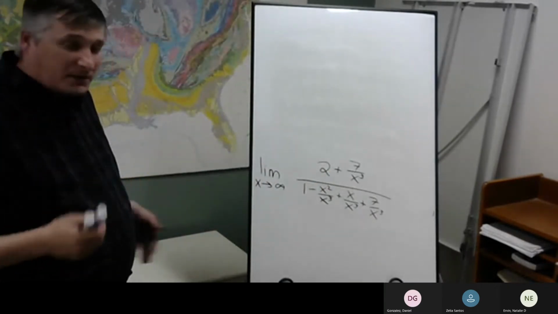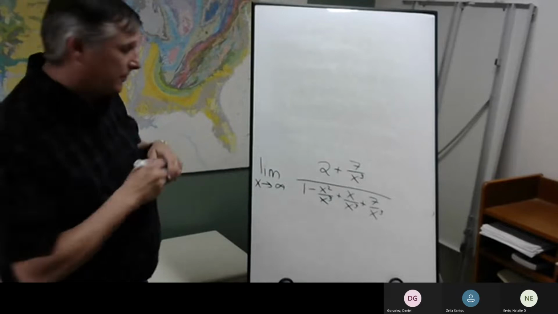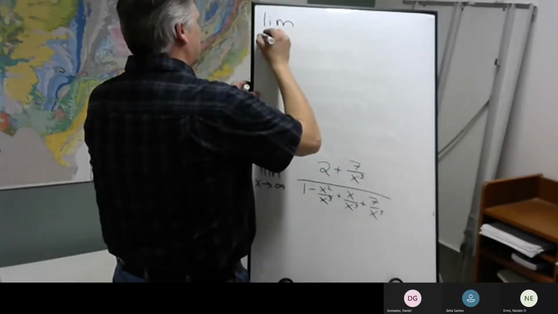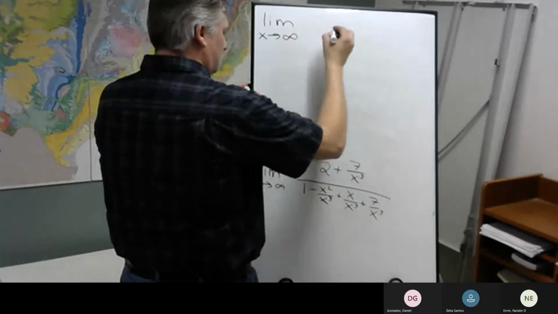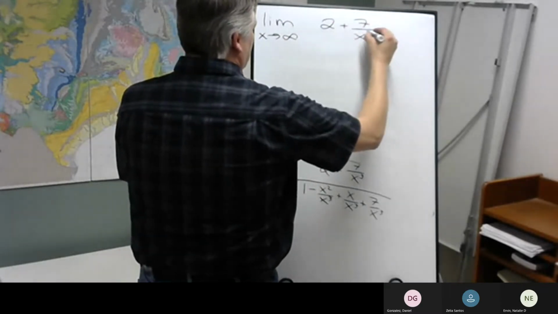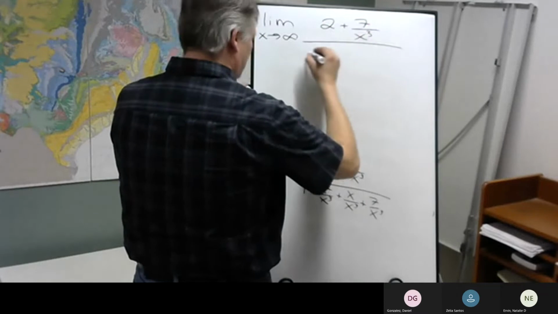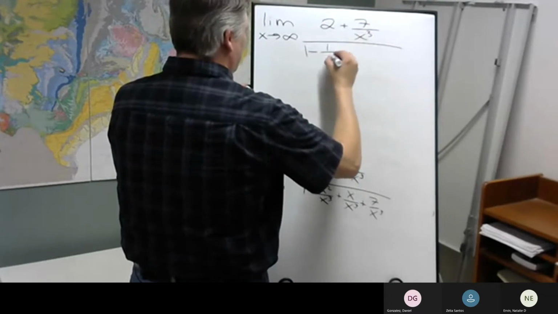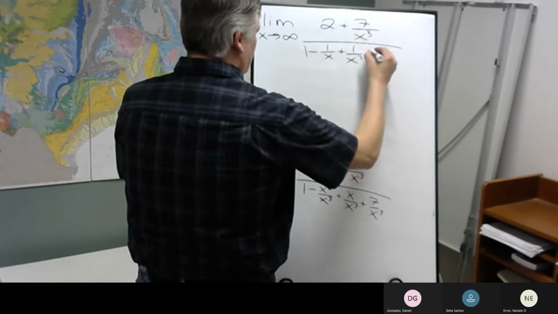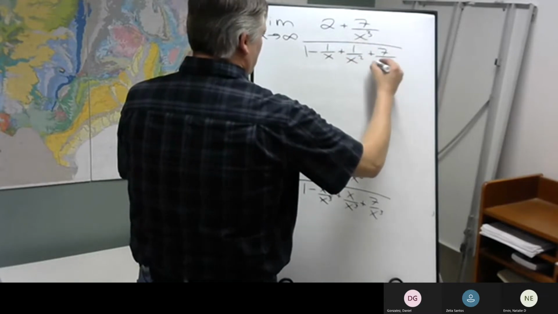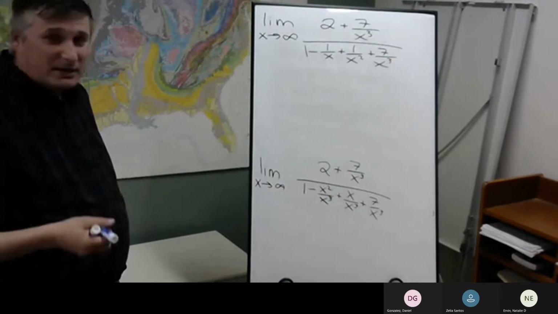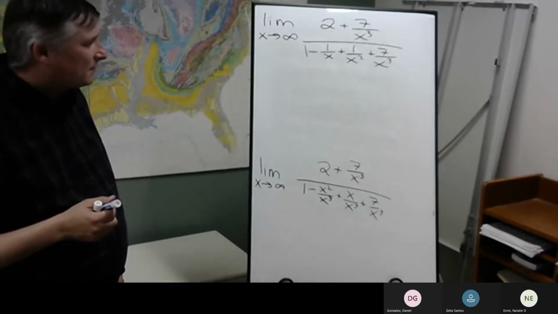So what's going to happen? Let's do some simplification first. But you might see where this is going. So we're going to get something like this.